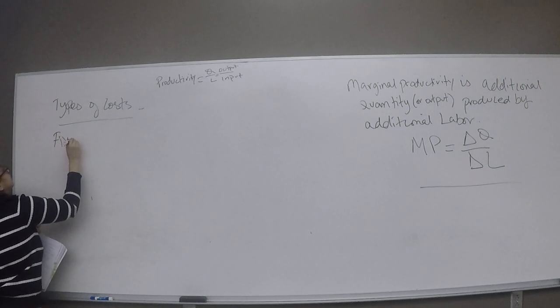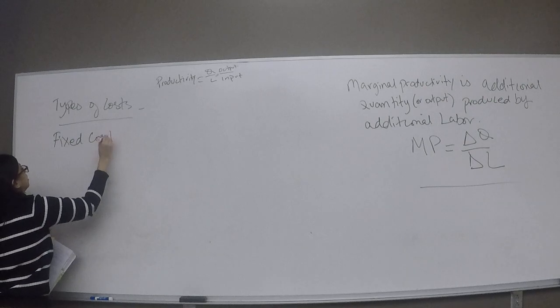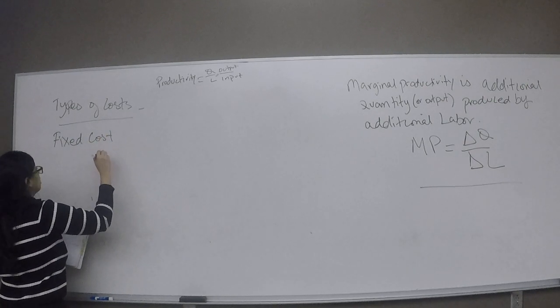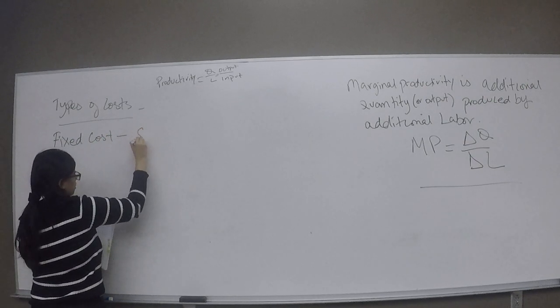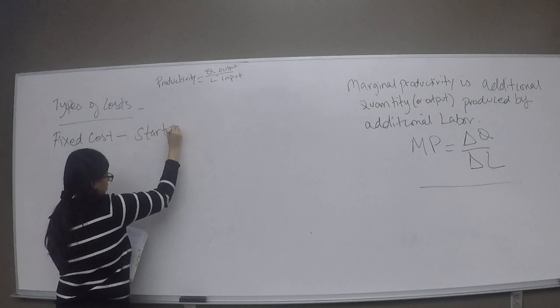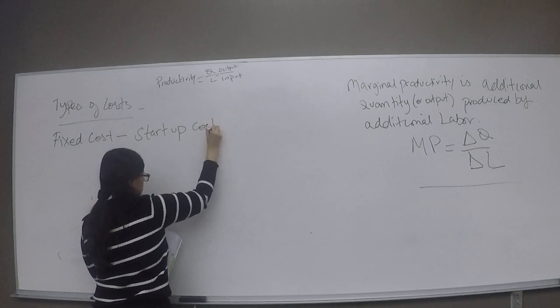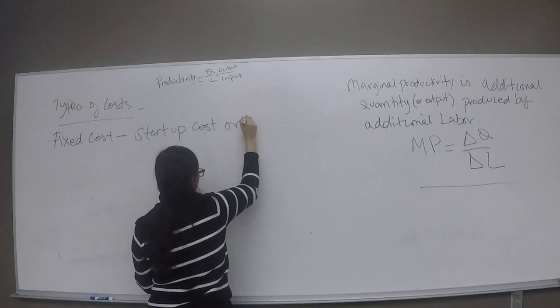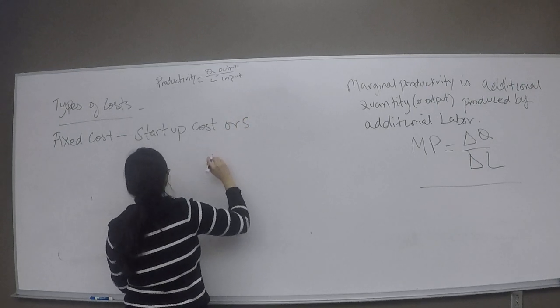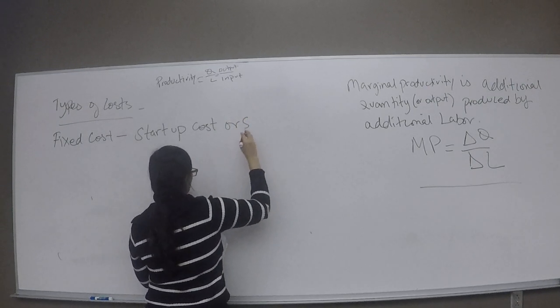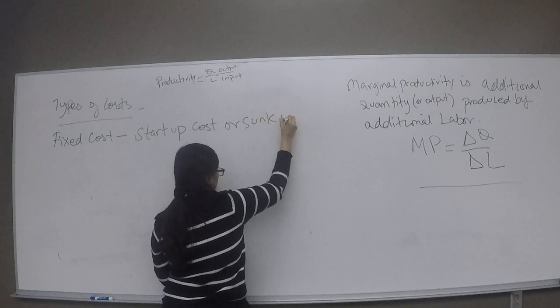Fixed cost is a startup cost, or sunk cost. It's the same thing. Fixed cost is startup cost or sunk cost.